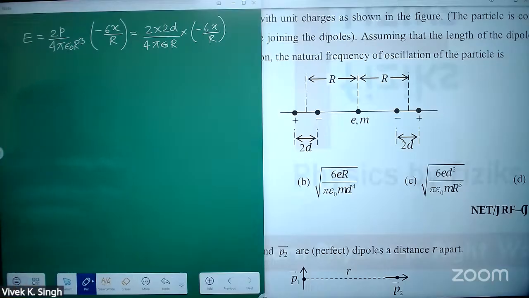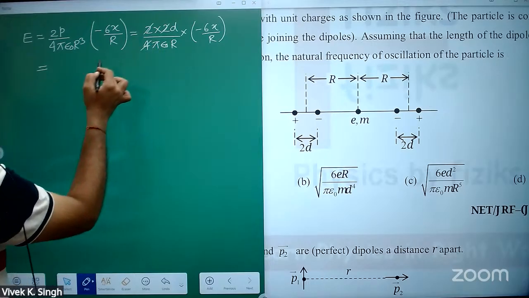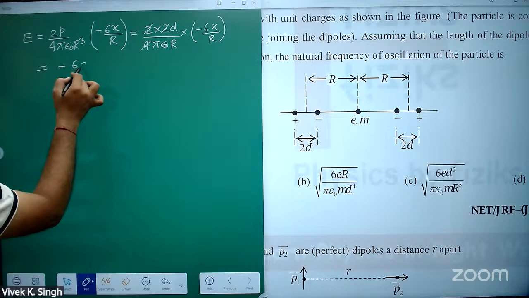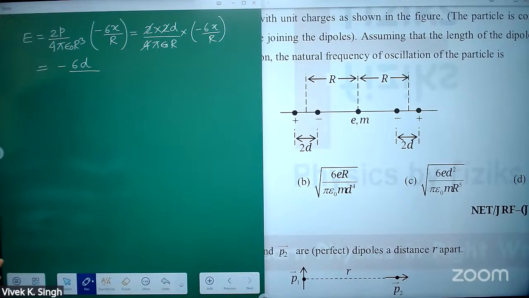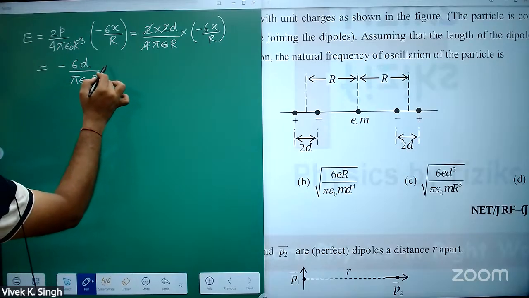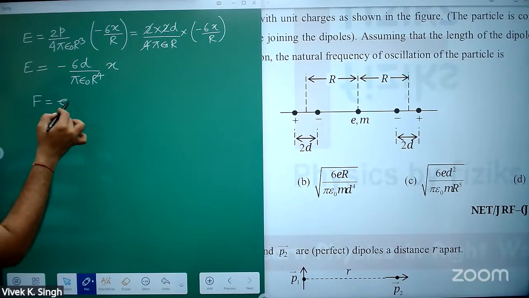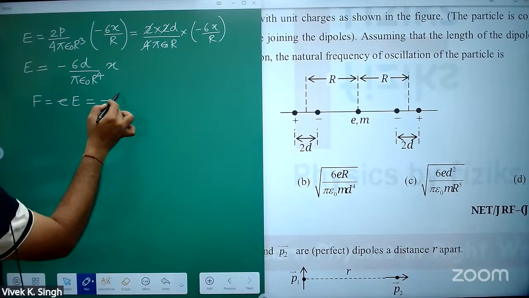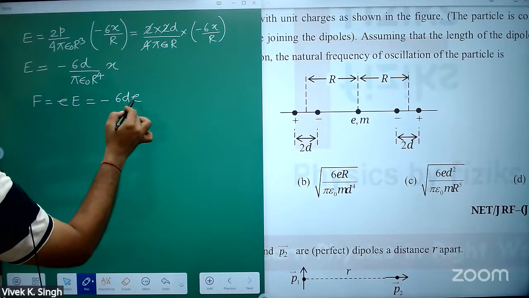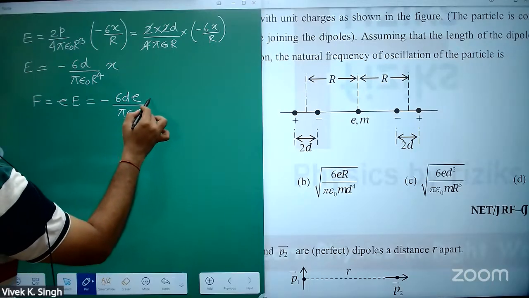So finally, the electric field will be given by, the 2 and 4 will cancel out. So what you will get? Minus 6d by pi epsilon naught r power 4 into x. This will be E. So the force is q into E, which will be minus 6 qd by pi epsilon naught r power 4 into x.